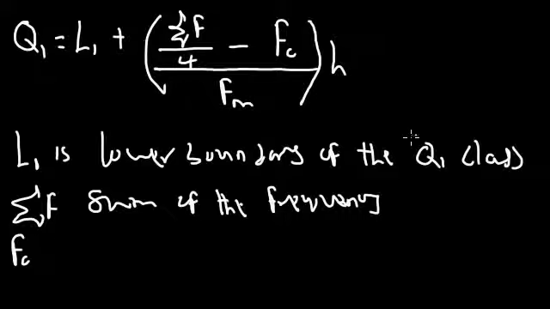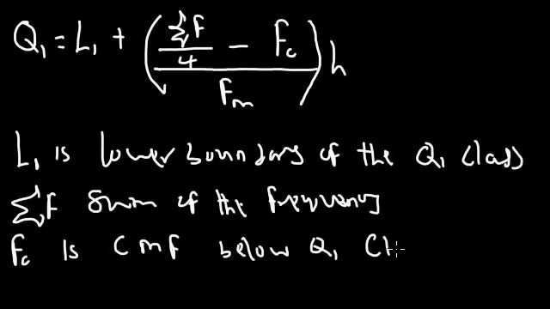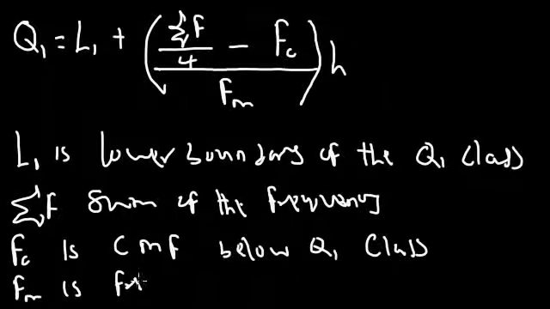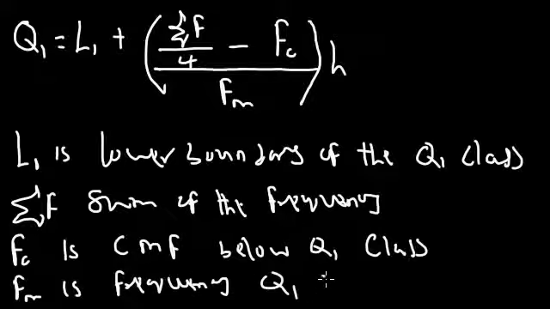So once you find the Q1 class, the cumulative frequency below the Q1 class is the F sub C. And next is F sub n, the frequency of the Q1 class. And lastly is H, that's simply the class height.